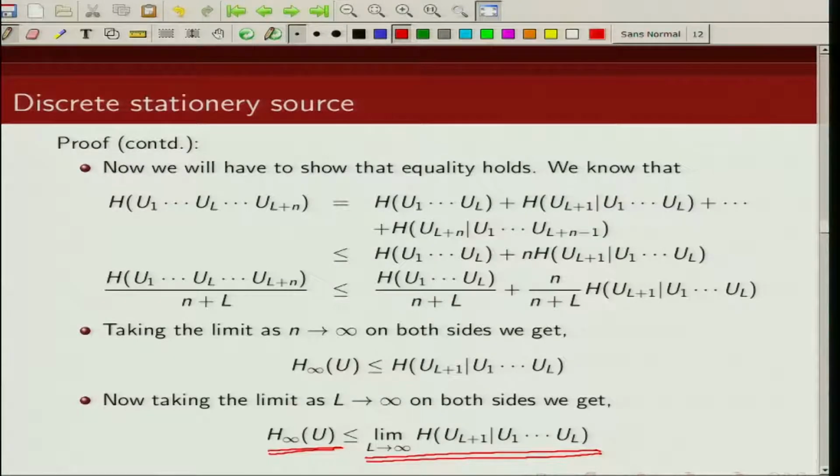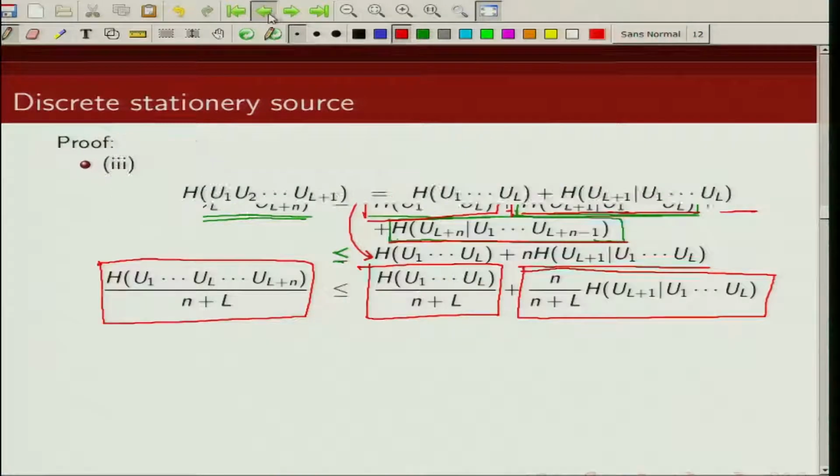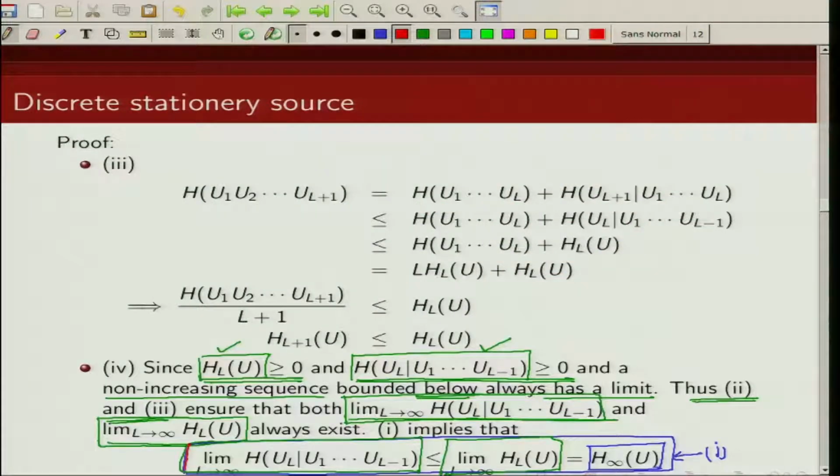So note now, here we have proved that uncertainty per letter is less than or equal to this uncertainty in UL plus 1 given U1, U2, ..., UL when L goes to infinity, whereas here we have proved that it's the other way around.